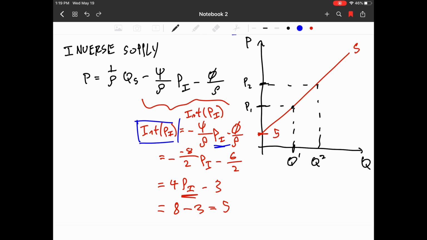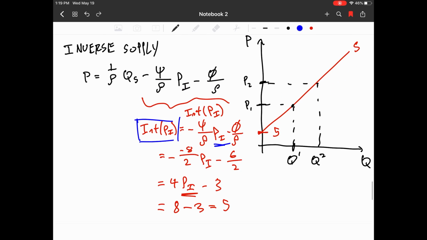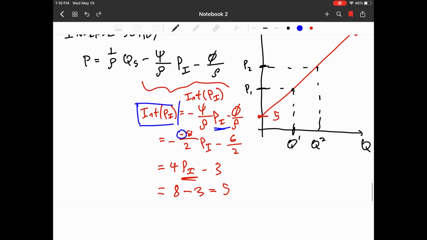So here, because the parameter values, the sign of phi is negative, this coefficient on pi is positive.